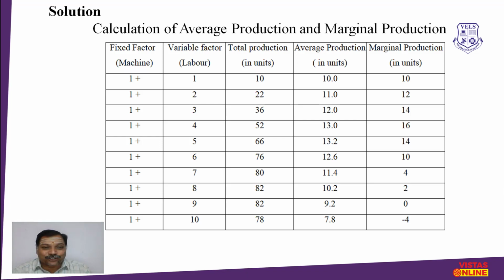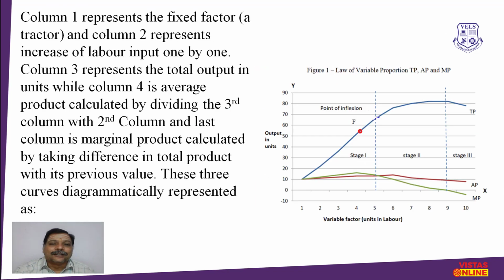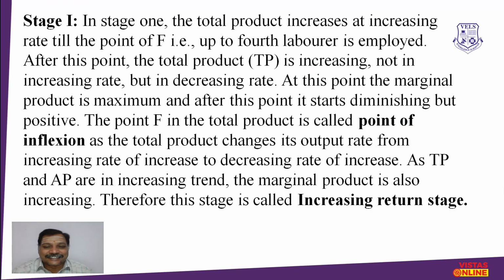But after the fourth labor employment, the marginal product is increasing, but not at an increasing rate, at a decreasing rate, because it is 14, 10, so it is reducing. So the change from increasing rate of increase to decreasing rate of increase is called point of inflection. This is the increasing return stage.